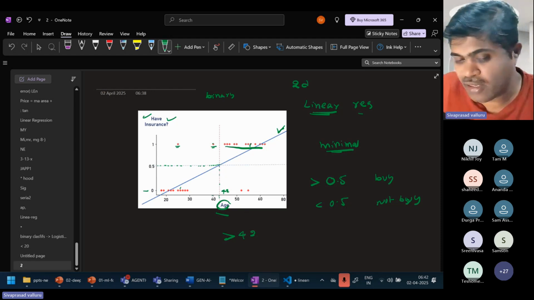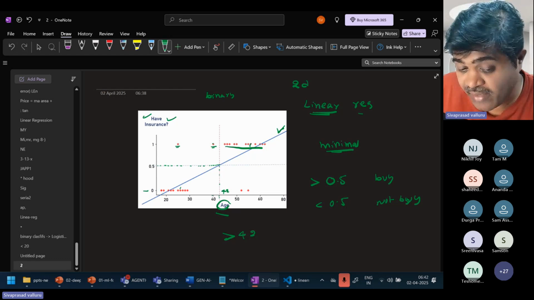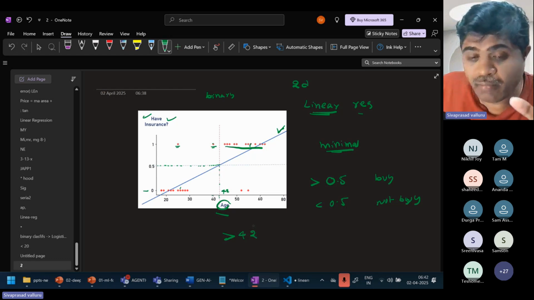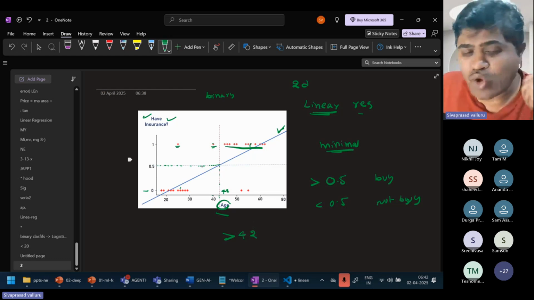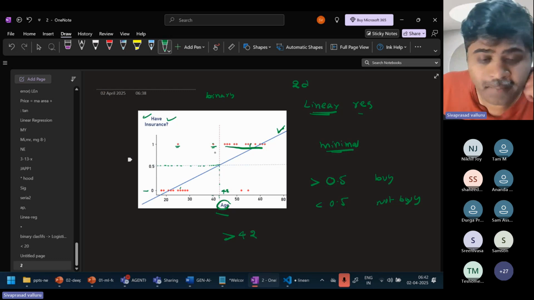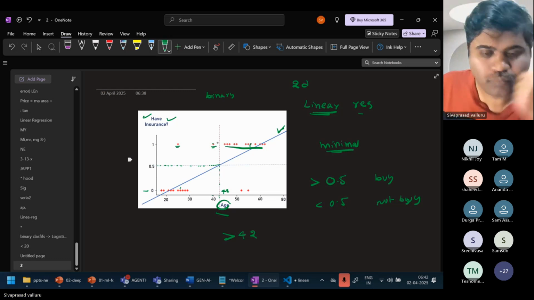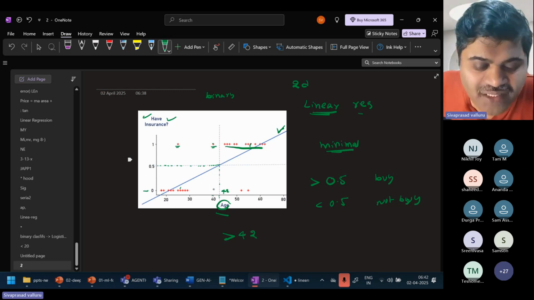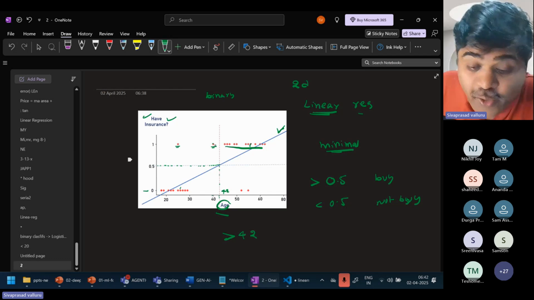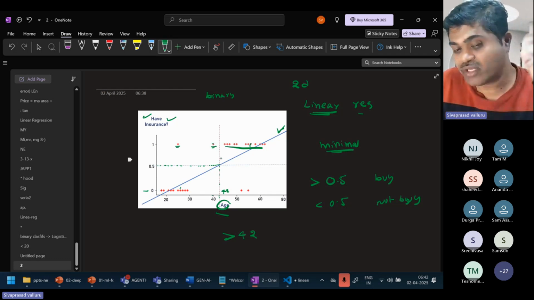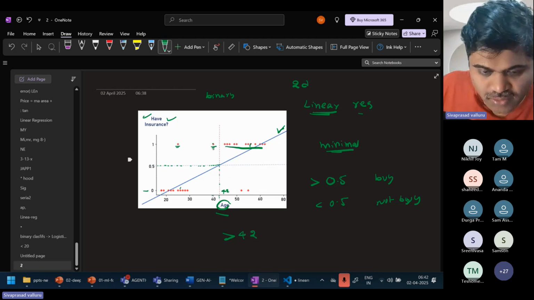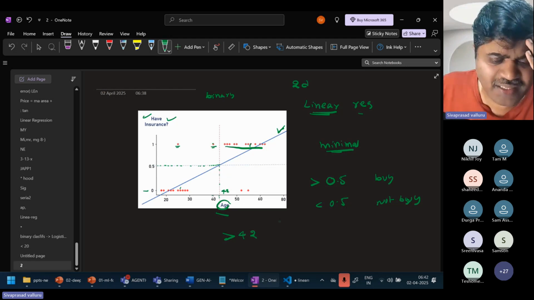So according to my logic, if the person has age greater than 42, only then will he buy the insurance. If I go according to this idea, for a person with age 40, it is saying he will not buy an insurance. But according to the original data, he bought an insurance.